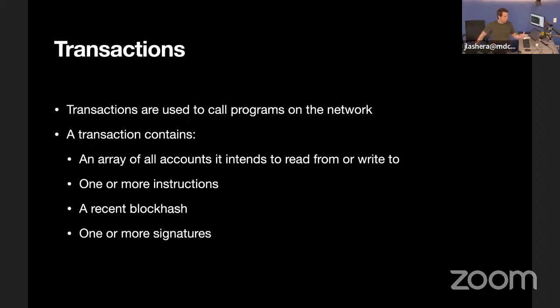And then it needs one or more signatures, okay? So a signer on the account that can validate that it comes from a certain address. Now the fortunate thing is those last two, the block hash and a signer, tend to be taken care of by whatever library you're using. So you don't have to figure out what the recent block hash is and add it in there. The Web3 library is going to take care of that for you.